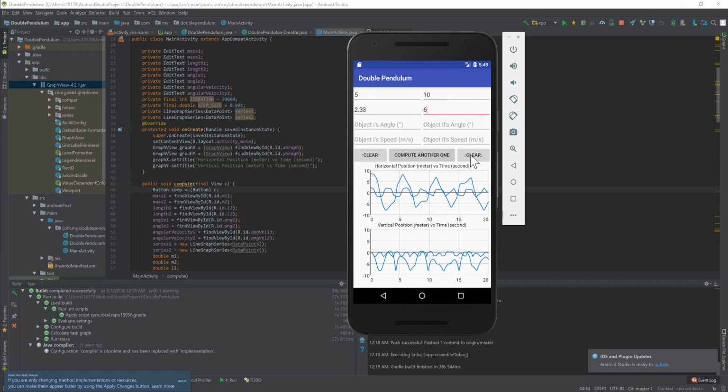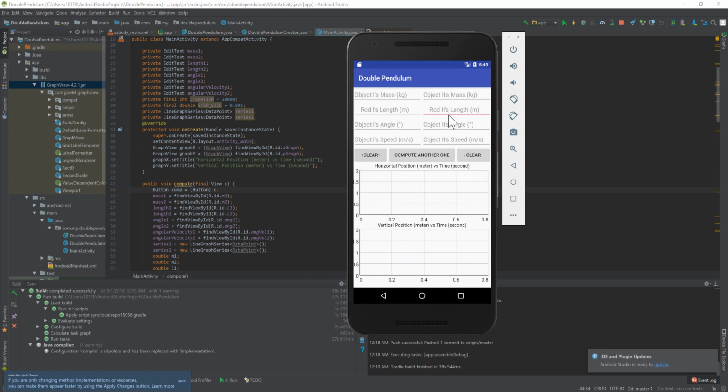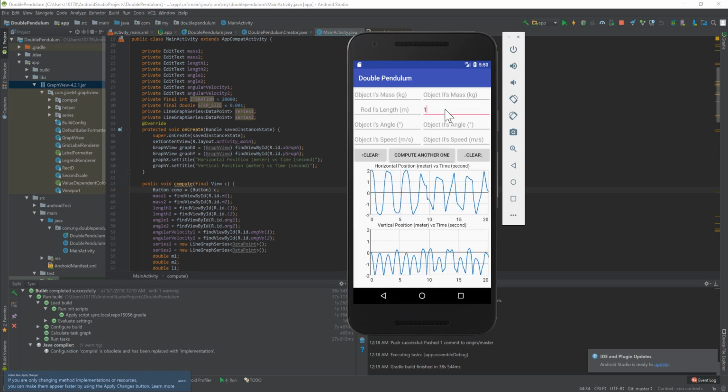What I'm going to show you next is how tiny differences in inputs will result in very divergent results. So let's clear it for a while. Remember that our initial value for length is 1 meter, and if I change it to just 1.1, still a bit slow.